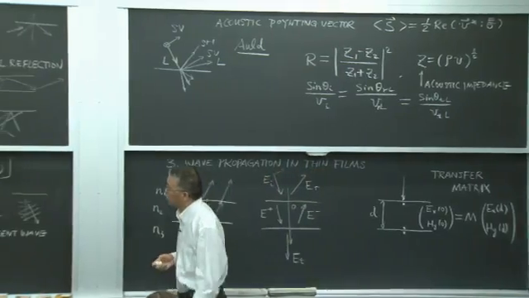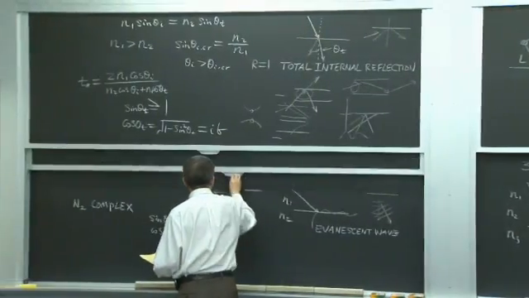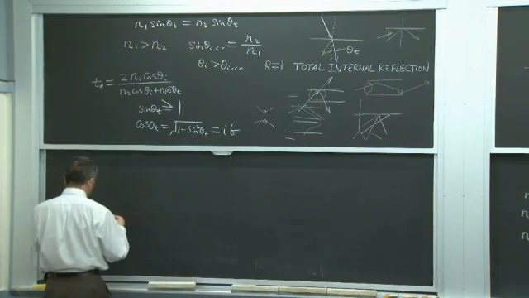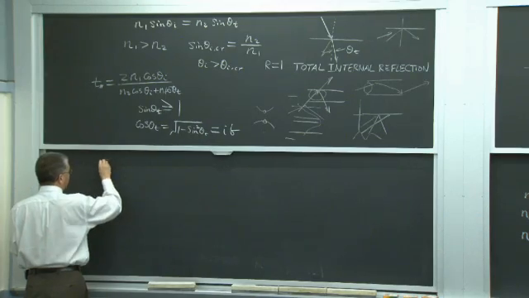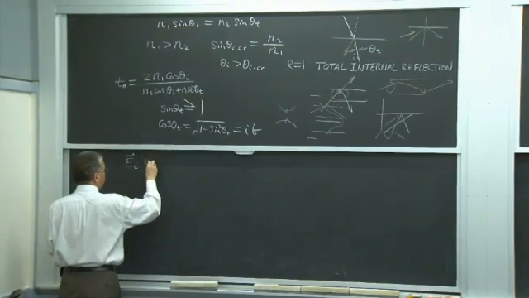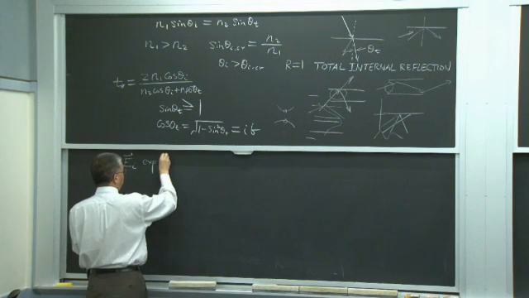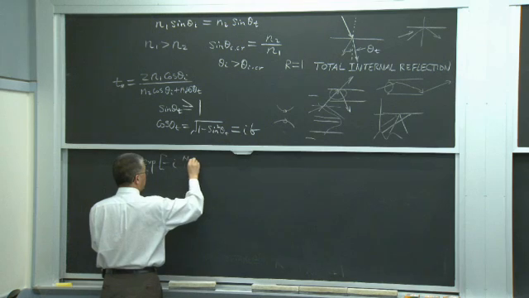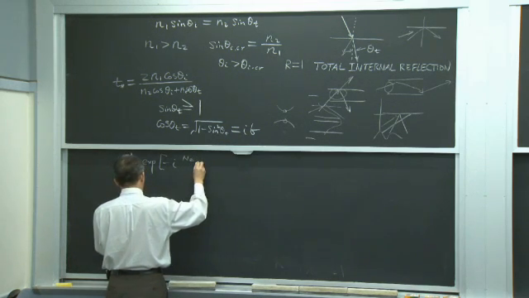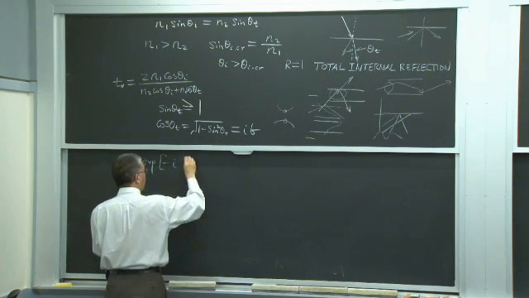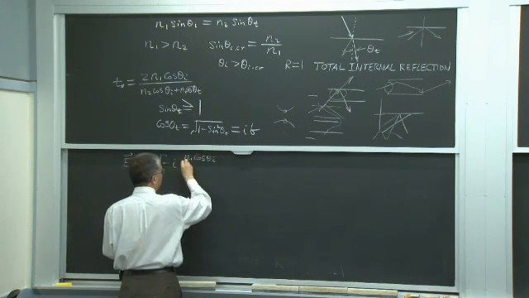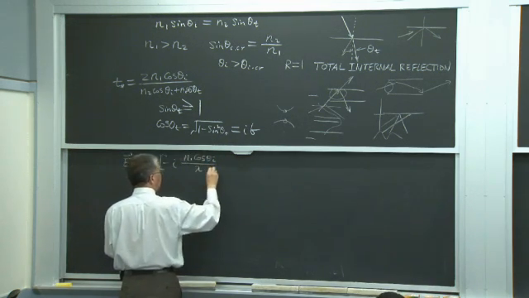Okay? So you can write your E_I, the incident, with the exponential of minus i, the phase factor, in the z direction n1 cosine theta_I times k z.